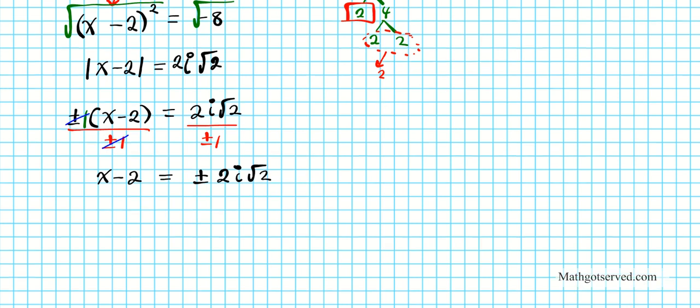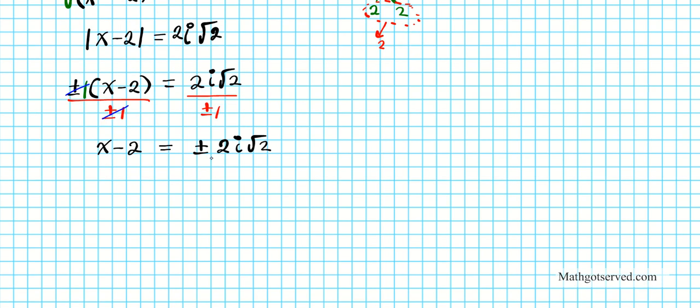Okay, so this is where we're going to proceed to split the equation into 2 parts so we can solve them independently. The left side will take the negative: x minus 2 equals negative 2i root 2. And then on the right side, let's do the positive one, so x minus 2 equals 2i root 2. Okay, now let's finish this off. On the left side, we're going to add 2 to both sides.